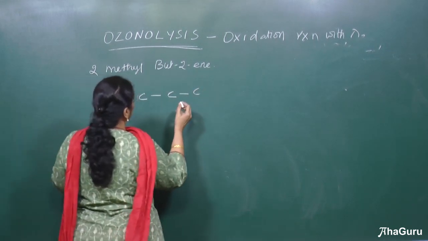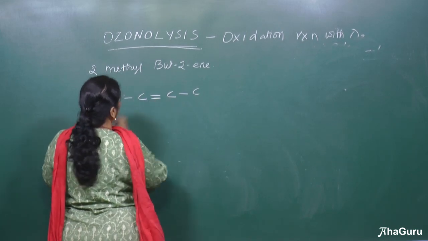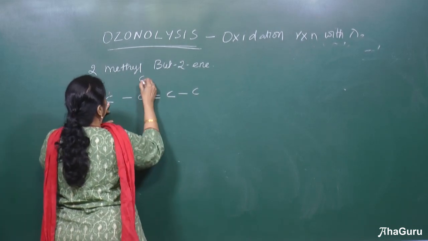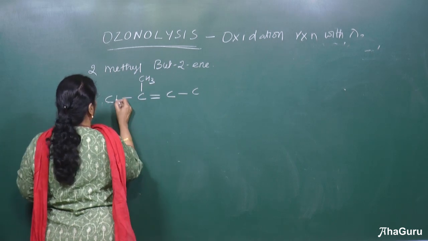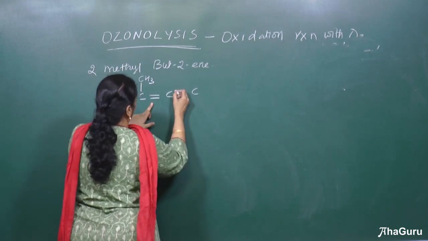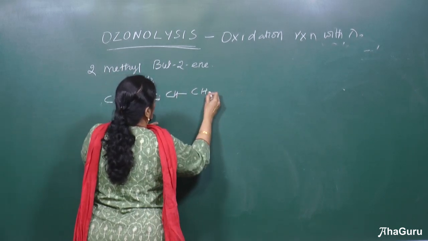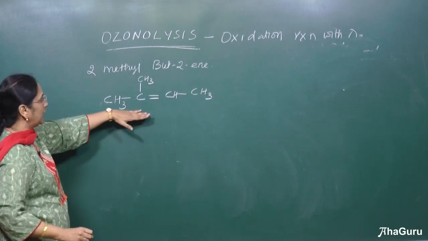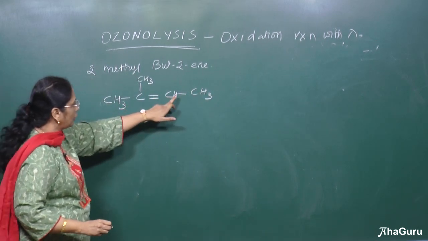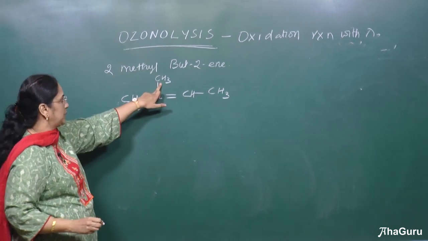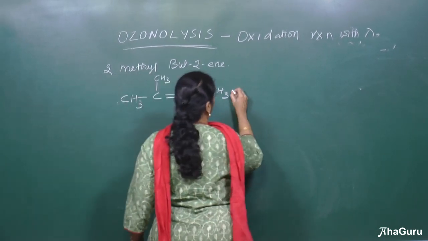So, it is but-2-ene. Okay. So, 2-methyl. CH, CH3. When I take a compound like this, where instead of an H there is an R group substituted, we will see what the products are.